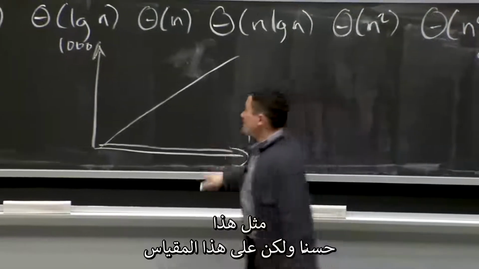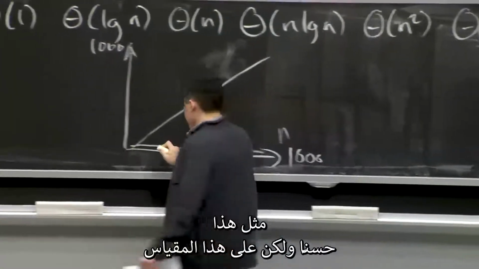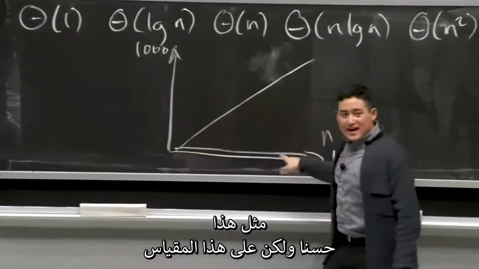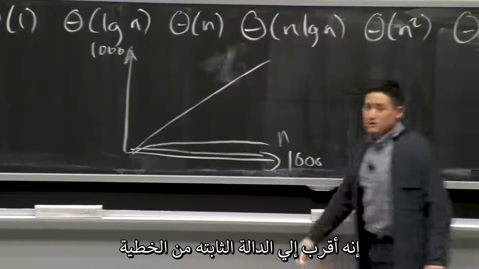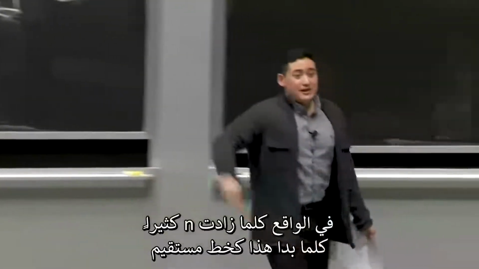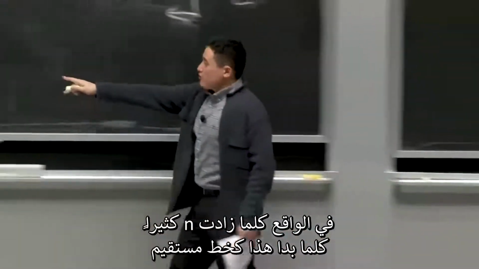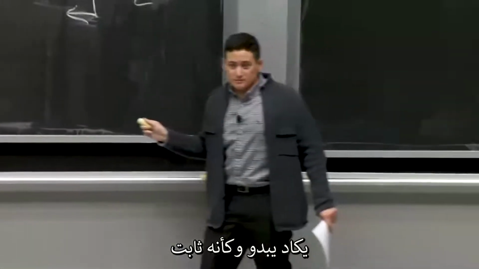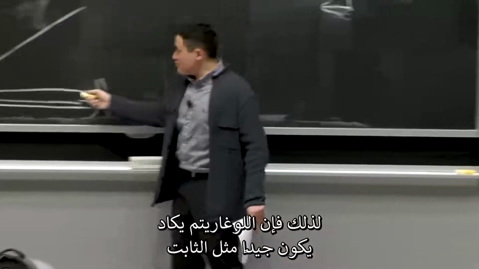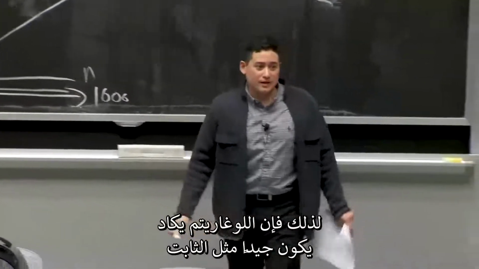Like this. But at this scale, it's much closer to constant than linear. And actually, as n gets much, much larger, this almost looks like a straight line. It almost looks like a constant. So log is almost just as good as constant, right?